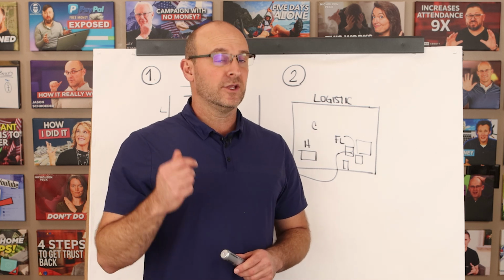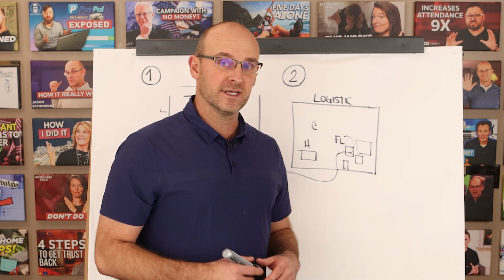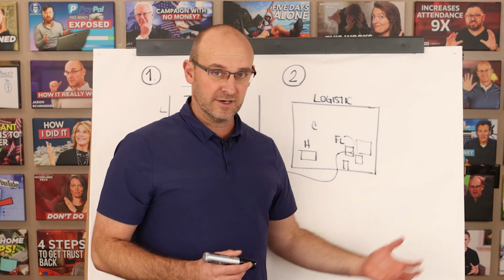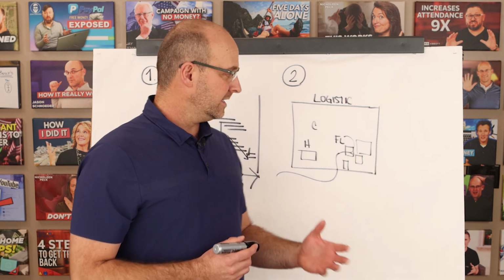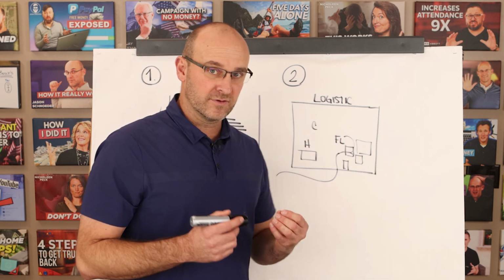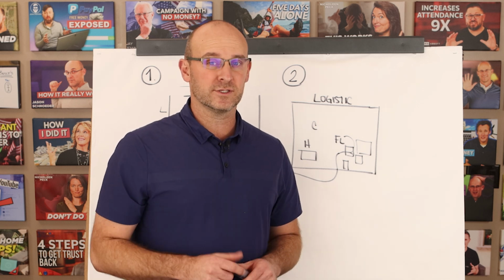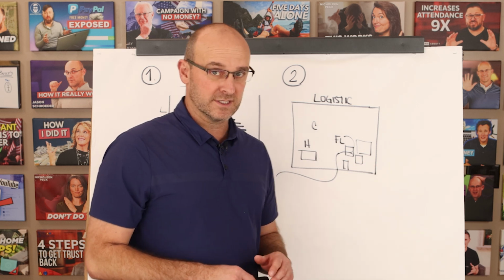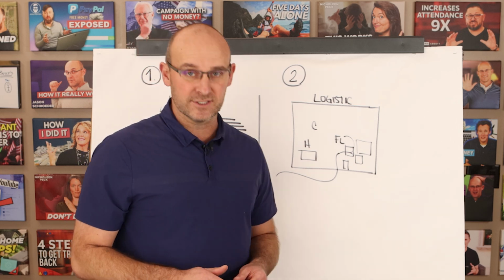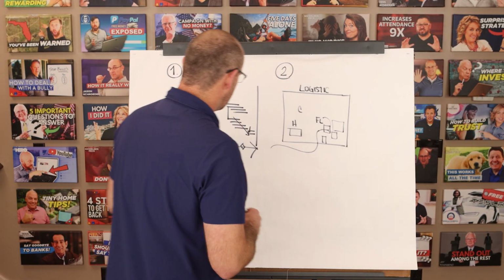Indirects, right? Your general requirements are things like your toilets, your site fencing, your trailer, the things that are not a part of the cost of doing the work. They're an indirect, but they're for the logistical support of the entire project site. So the second thing is definitely logistics. All right, so let's go on to number 3.